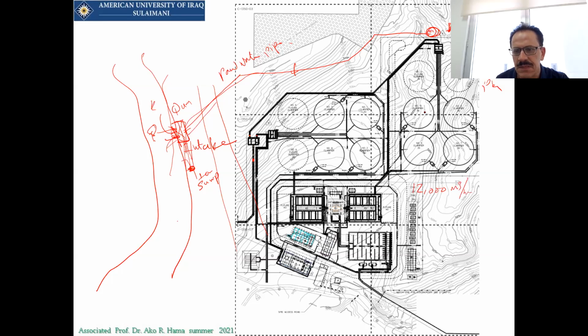And these dashed lines are for the second stage, not for now. So these 1, 2, 3, 4, these are already designed, and these are already constructed.